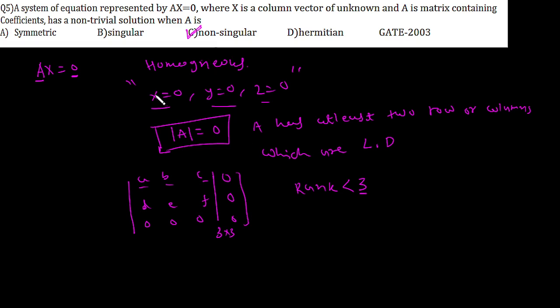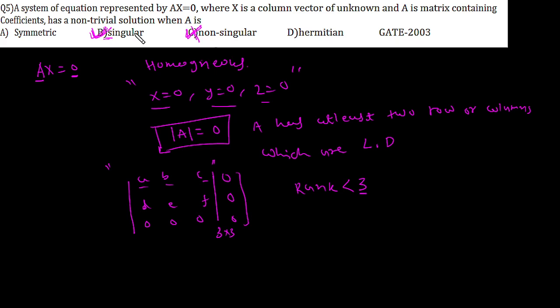Now here we have three variables x, y, z, so the rank is less than the number of variables. Again we can say the system has infinitely many solutions, and they are non-zero solutions. So the coefficient matrix A must be, sorry, not non-singular, but singular.